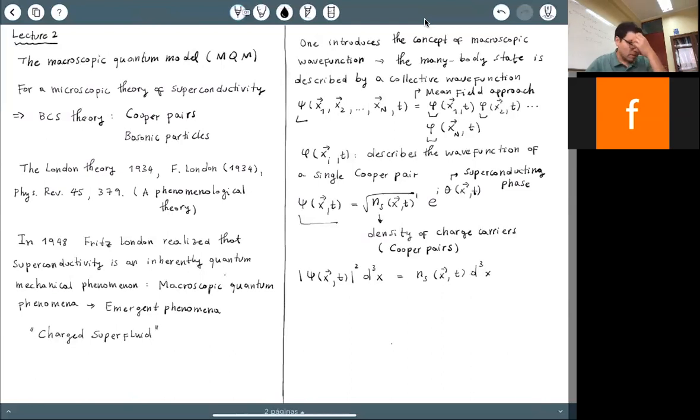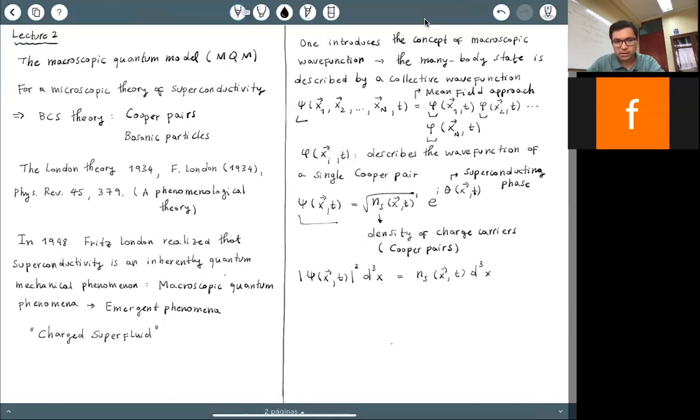Including the time evolution here is justified by agreement with experiments. You observe some dynamics, you propose this, and then you compare with what you see in the experiment; this is a good proposal.